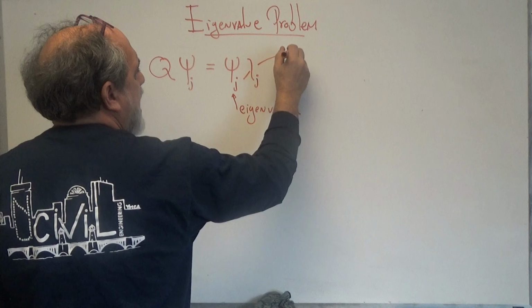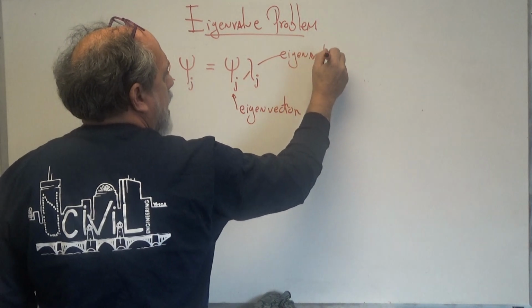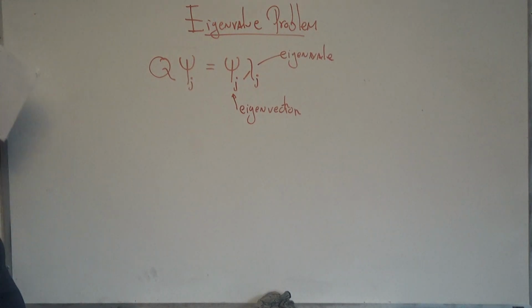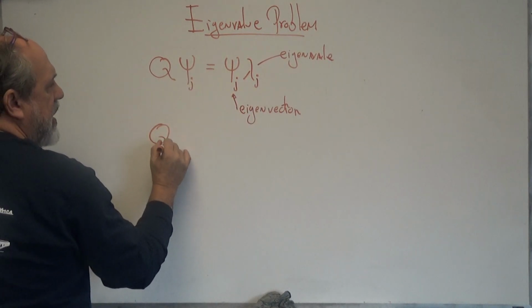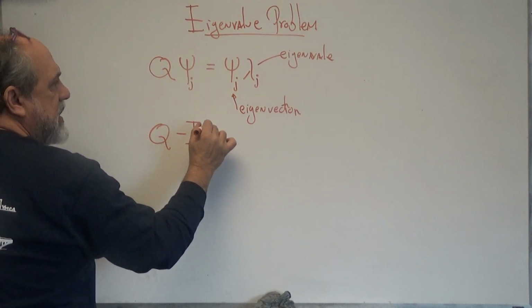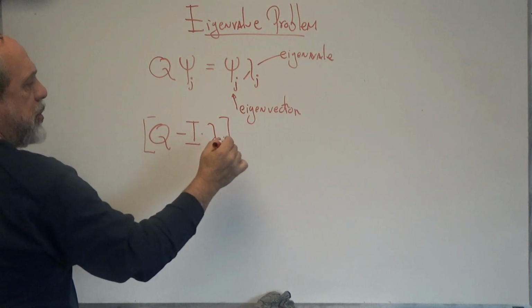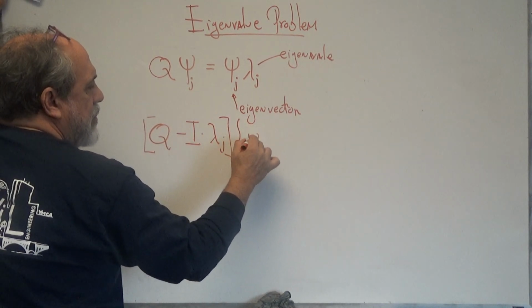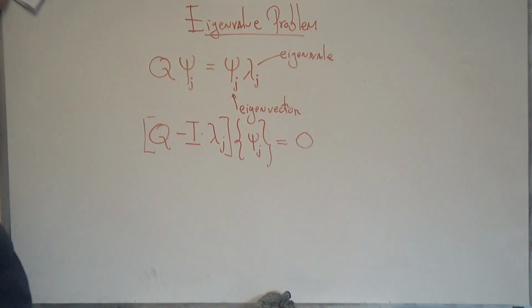And this is an eigenvalue. Now, to connect it with my previous discussion, I think it should be obvious to you that I can write this as Q minus the identity matrix times lambda j, multiplied times the vector phi sub j, is equal to 0, right? This equation is the same as this equation.